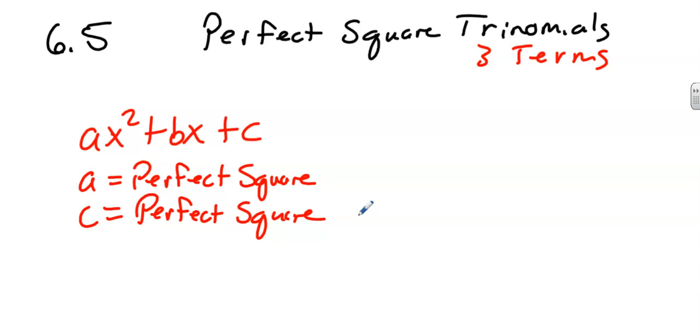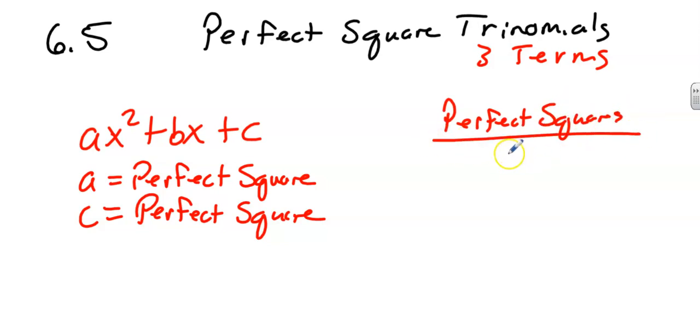It's one of those numbers that you're going to take some number and multiply by itself. So, if you go through your perfect square numbers, that's going to be 4, 9, 16, 25, 36, 49. Any number that you would just do some number times itself. So if you see those numbers on the first and last terms, then that's when the button should be clicking in your head going, hey, I think there's a shortcut here that we can do for this thing.